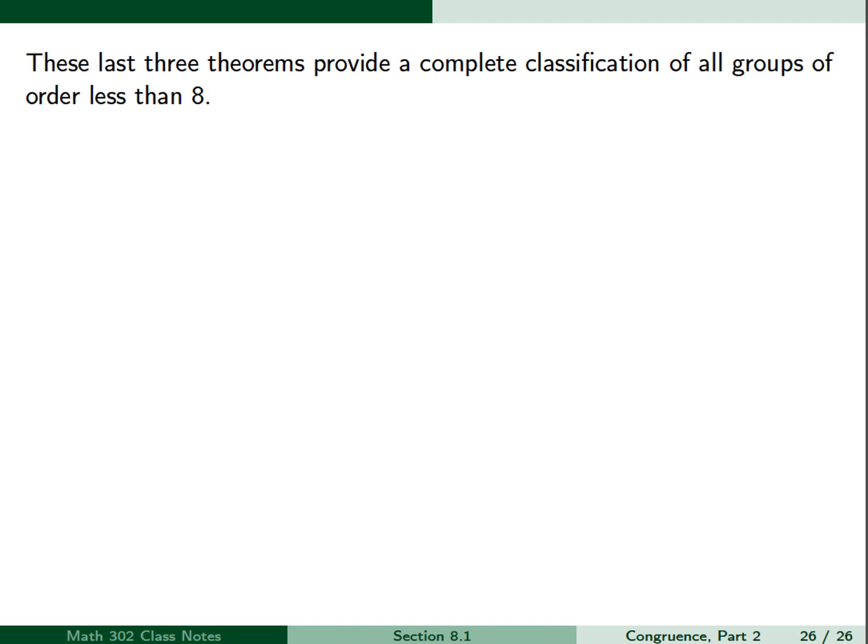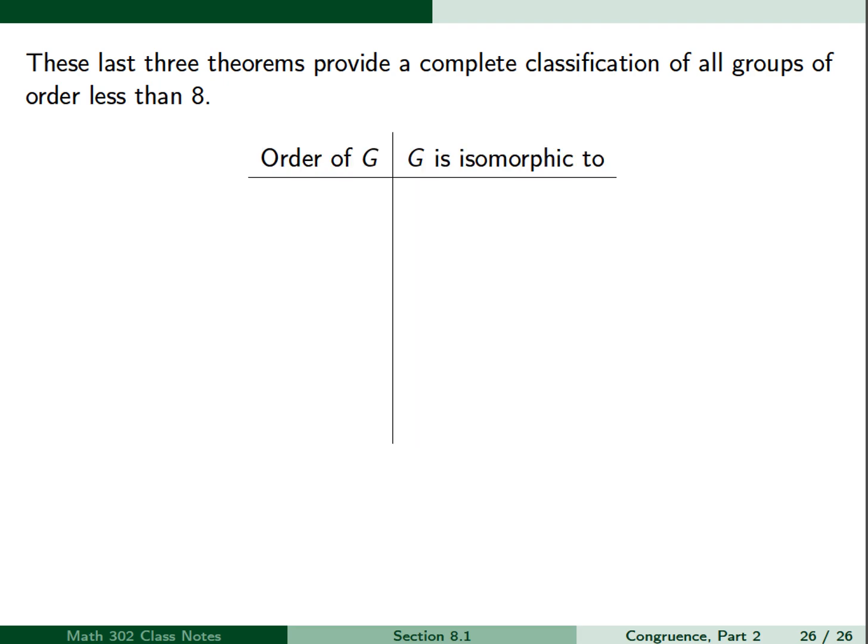Now, these last 3 theorems provide a complete classification of all groups of order less than 8. So we can set up a table with the order of each group G and what G is isomorphic to. If the order of G is 2, G is isomorphic to Z2. If the order of G is 3, G is isomorphic to Z3, so both 2 and 3 are primes.